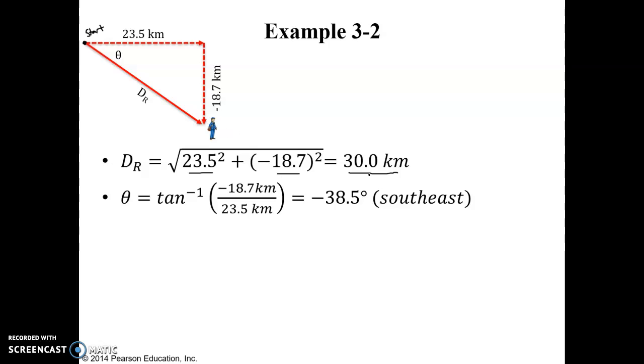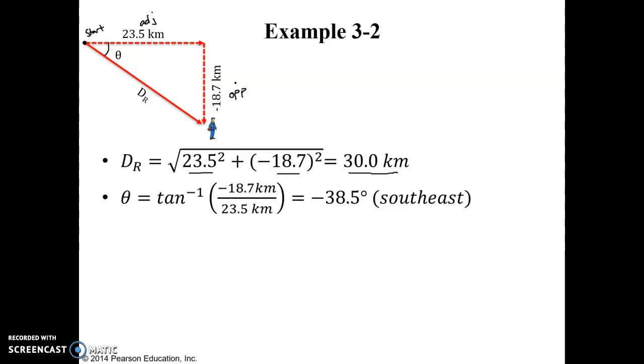Okay, but we're not done, because a vector has to have magnitude and direction. We need to describe the direction she is from her starting point. So looking at this right triangle, if we wanted to find the tangent of this angle, it would be the opposite side over adjacent.